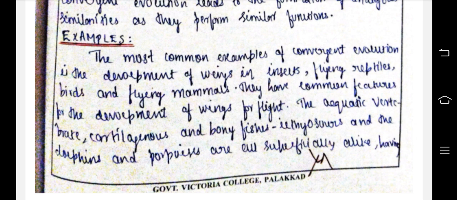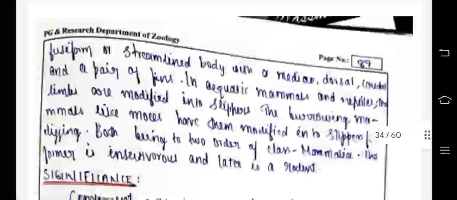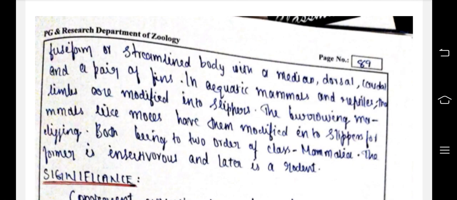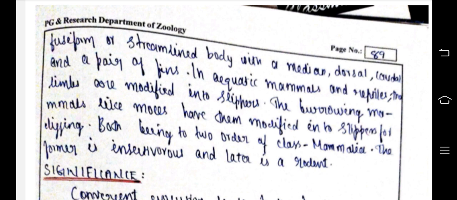The aquatic vertebrates, cartilaginous and bony fishes, dolphins and porpoises are superficially alike, having a fusiform or streamlined body with a median dorsal caudal and a pair of fins. In aquatic mammals and reptiles, the limbs are modified into flippers. The burrowing mammals, like moles, have them modified into diggers.